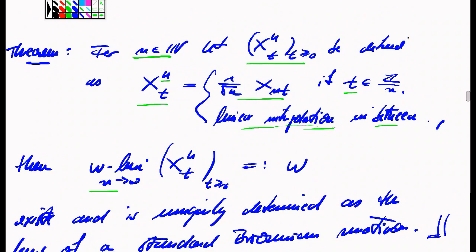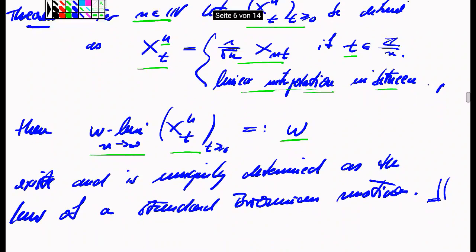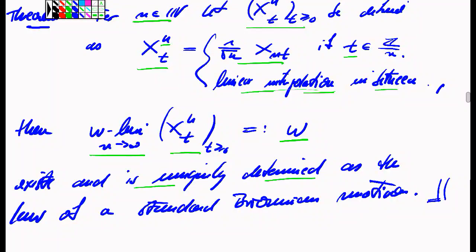And if we now take this scaling parameter to infinity, then the statement is that this sequence of processes, which is understood now as a sequence of random variables which assume values in the collection of continuous paths, has a weak limit, which exists and is unique. It is namely uniquely determined as the law of a standard Brownian motion on the collection of paths.